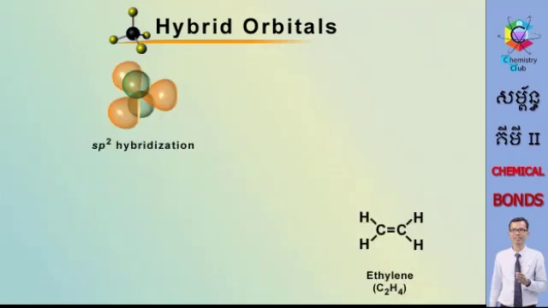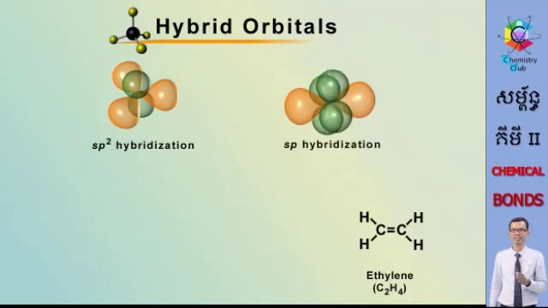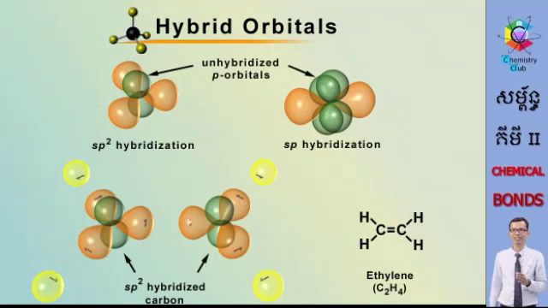Remember that in some sp2 and sp hybridized atoms, there are sets of unhybridized p orbitals. These orbitals have lobes on opposite sides of the nucleus from each other.